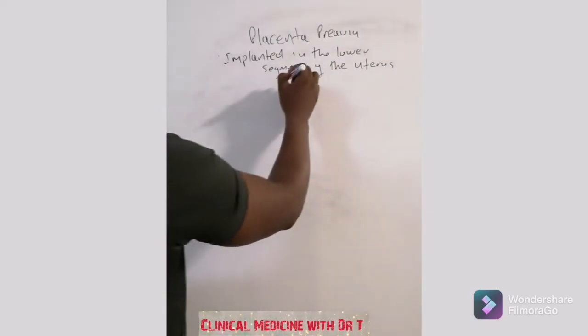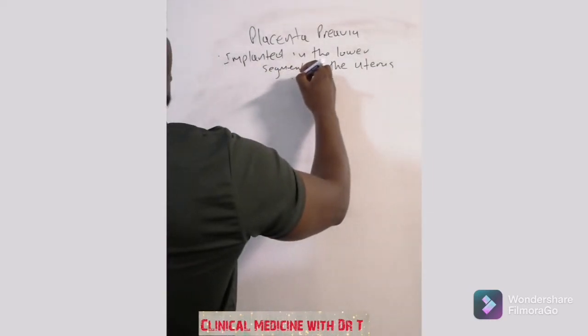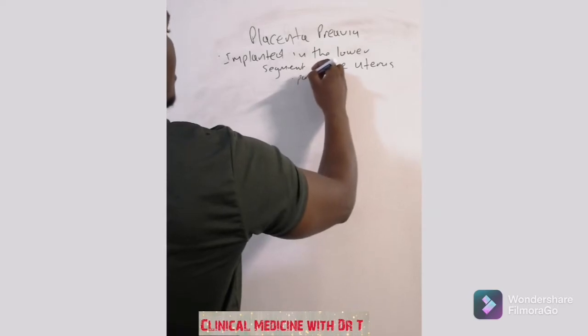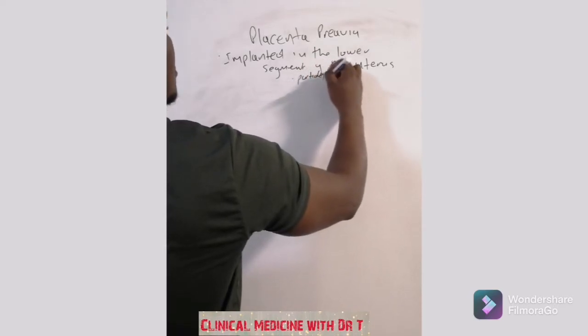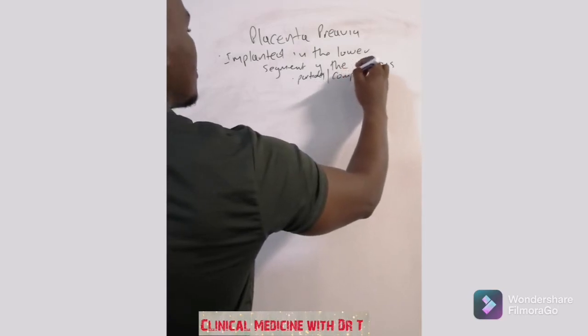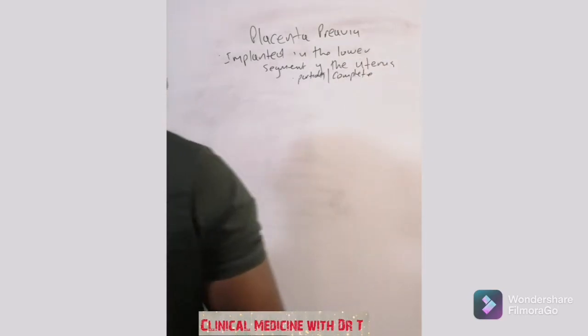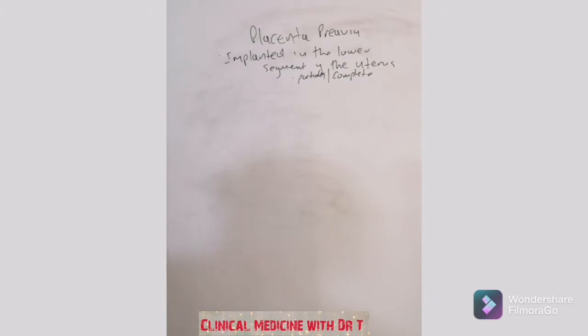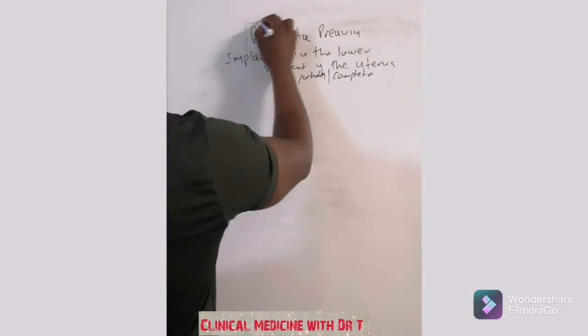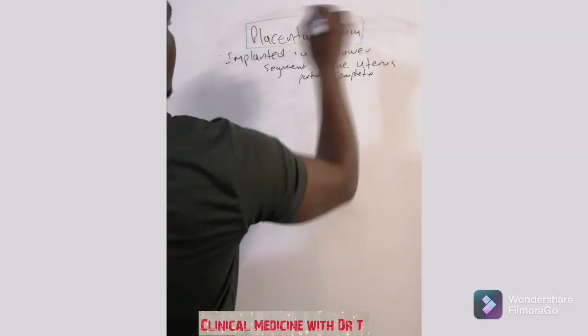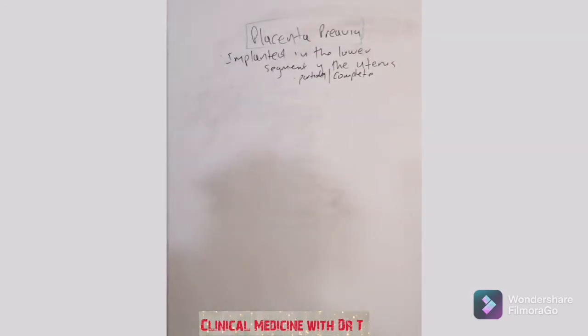And this implantation can be partial or complete. So, if it's partially implanted, you won't be reluctant to say it's placenta previa just because it's partially implanted and not completely implanted.